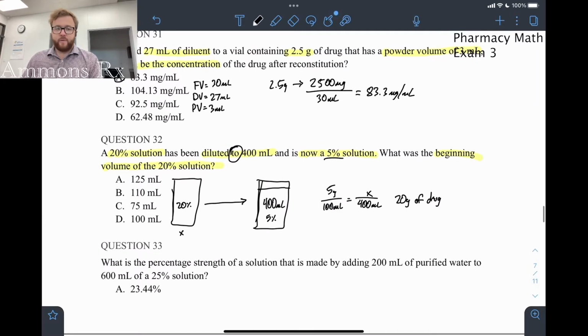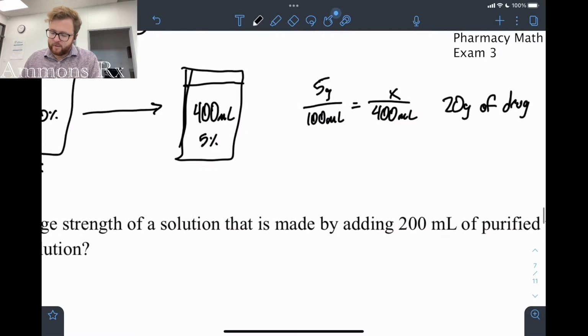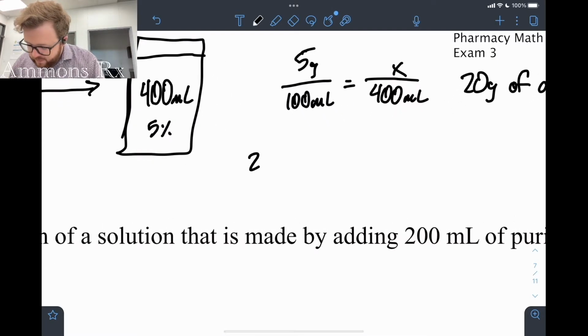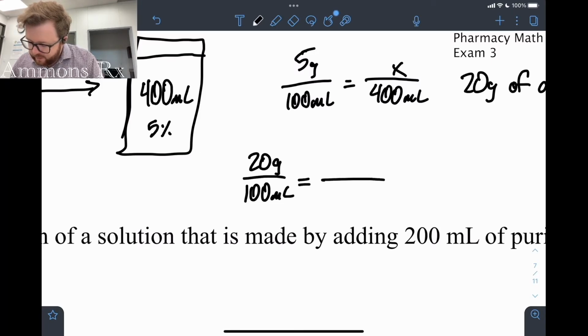Because we know that statement, we know that we can't use any more or any less of the original product. So if we had a 20% in the beginning, and we know we ended up with 20 grams, how many mils do we use? And it's pretty easy, it's just 100.